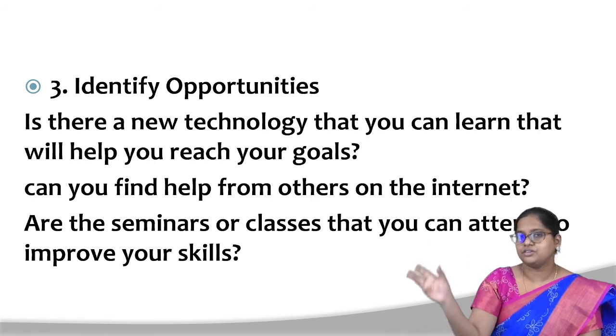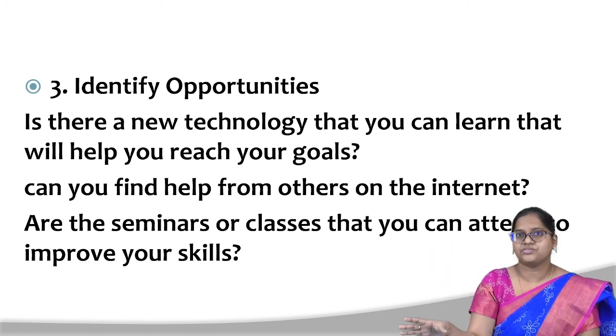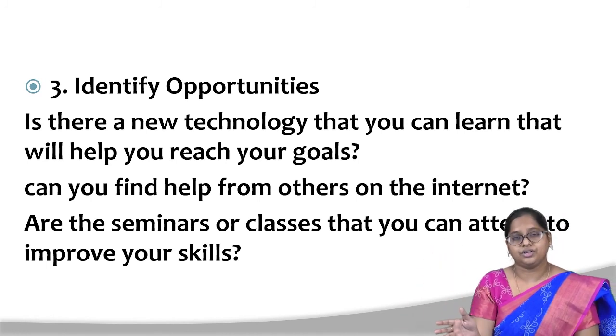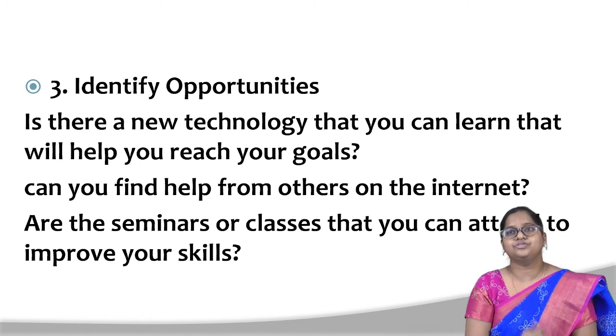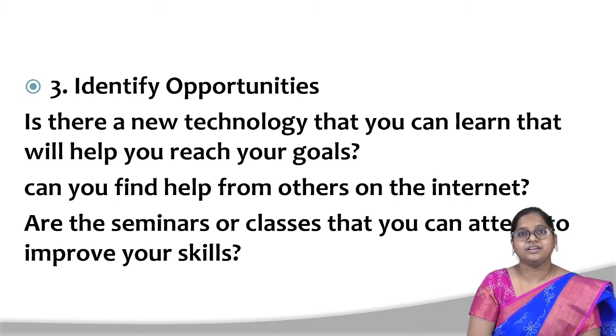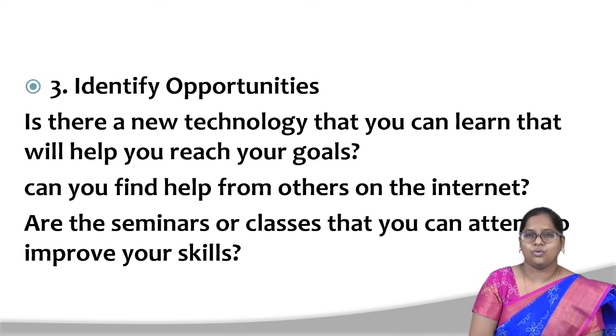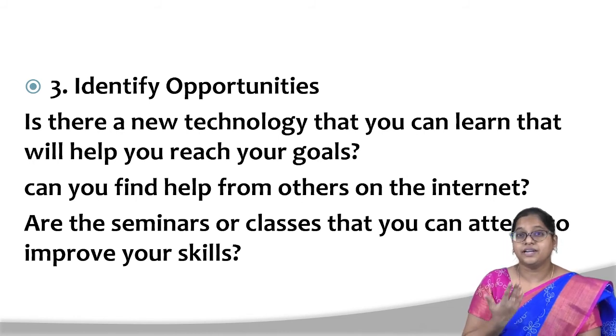Next, identify opportunities. In the third quadrant of the matrix, you have to understand whether you are really able to identify your opportunities. Is there a new technology that you can learn that will help you reach your goals? Is there anything new upcoming that you can upgrade yourself with?